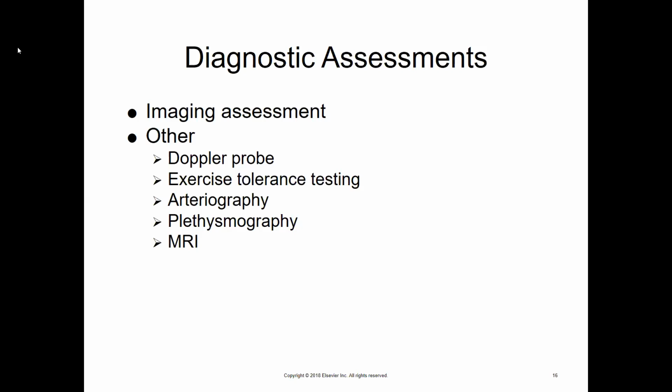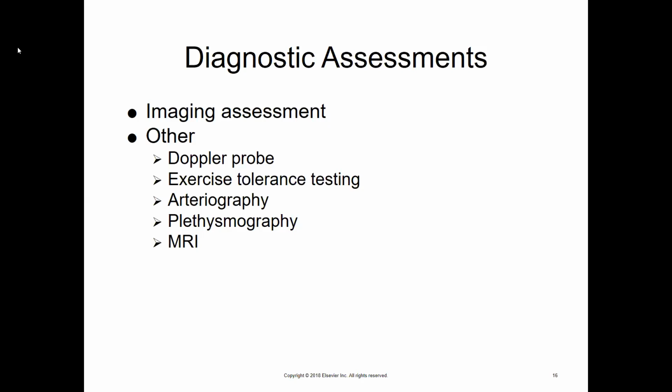Some other diagnostic assessments: a Doppler probe that can check the blood pressure measurements in the lower extremities. They could also do the exercise tolerance test, which helps them judge the muscle pain when they exercise and then when they rest.